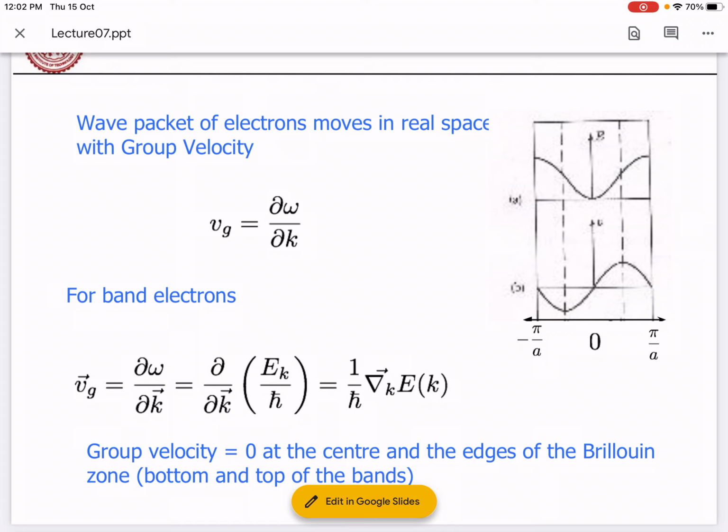The other interesting point is that there is a maxima or a minima where if you keep applying the field along the same direction, the velocity is decreasing, right? So if you increase the field, the velocity would still decrease at those points, right?